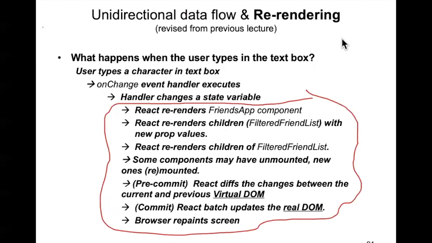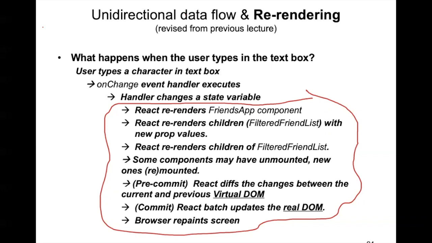So we've seen this before, actually. This was from last week, I think, where I explained what goes on behind the scenes when the user interacts with your web app. The interaction causes a component state change, etc. The only change that I've made now to this slide is down here in the pre-commit phase. In the pre-commit phase is where React looks at what has changed in the virtual DOM. It carries out a diff operation between the previous version of the virtual DOM and the current version.